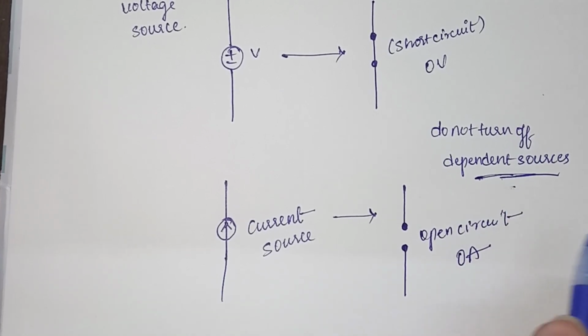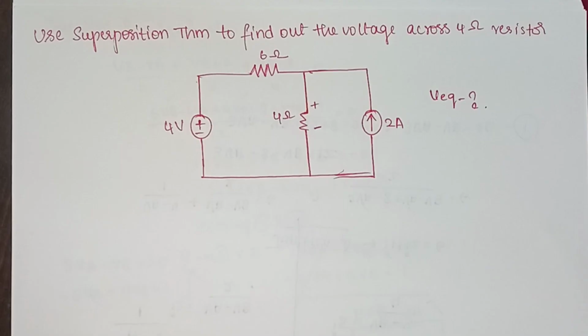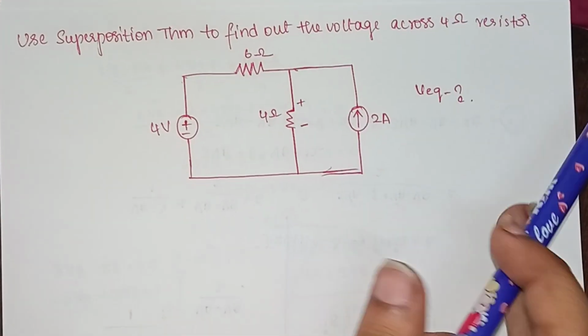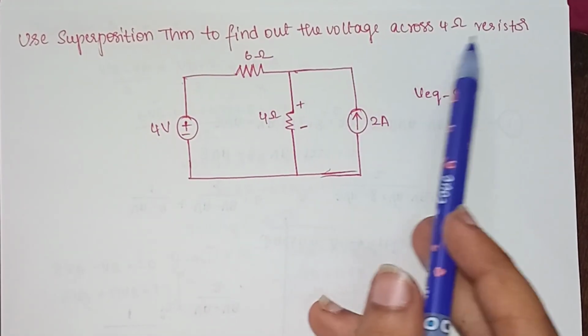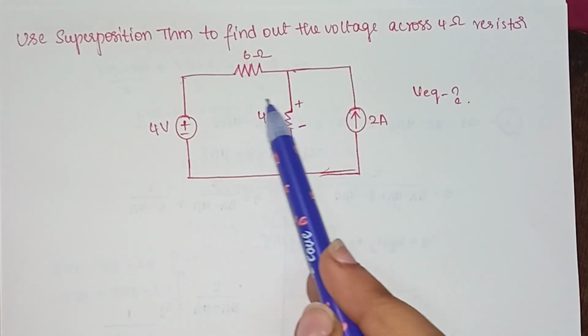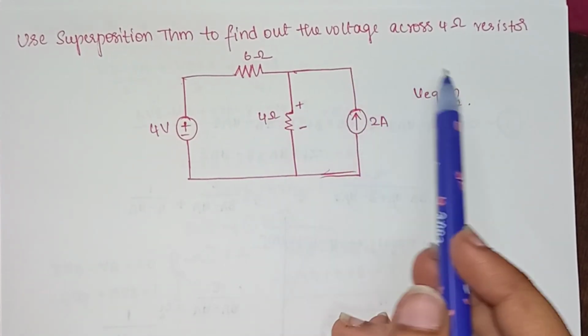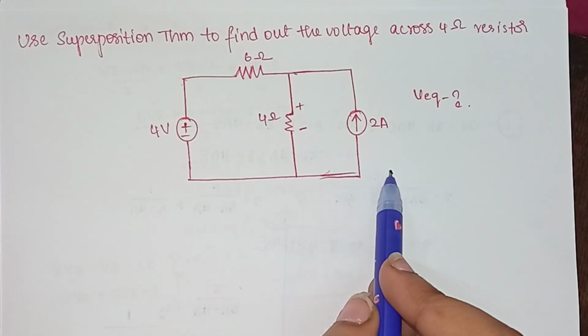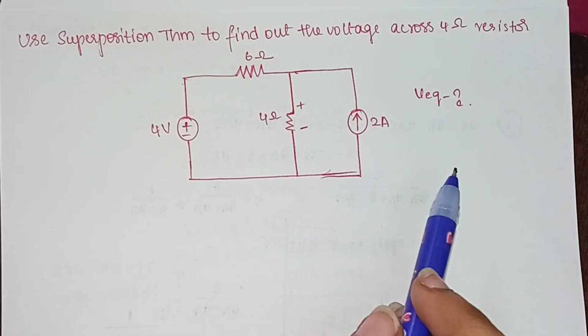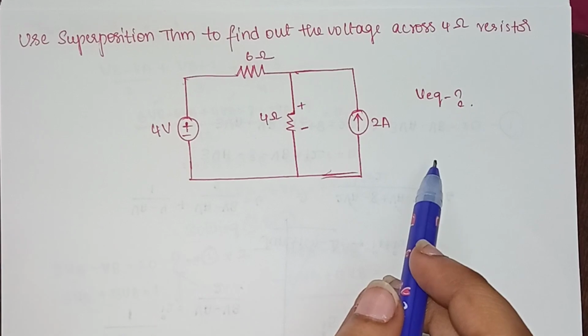So let us deal with an example now. This is the example given to us. Use the superposition theorem to find the voltage across the 4 ohm resistor. This is our 4 ohm resistor, and we need to find the voltage across it. To apply the superposition theorem, the first step is to identify the independent sources.